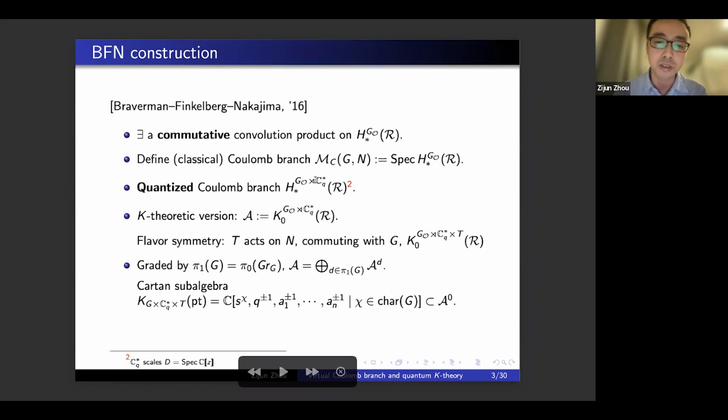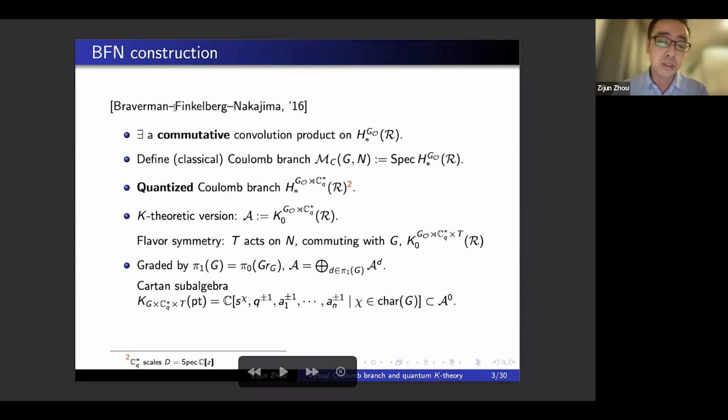So I will group C star q. And if you consider this extra C star action, then this convolution algebra is no longer commutative, and it's a natural quantization of this commutative convolution algebra. And there is a Poisson structure on this Coulomb branch coming from this quantization.